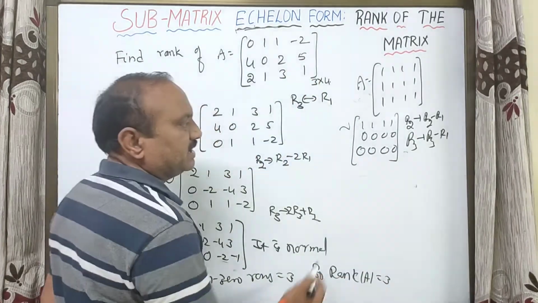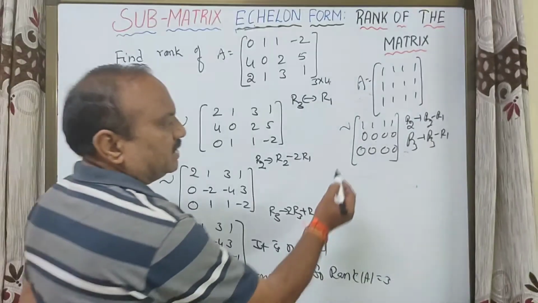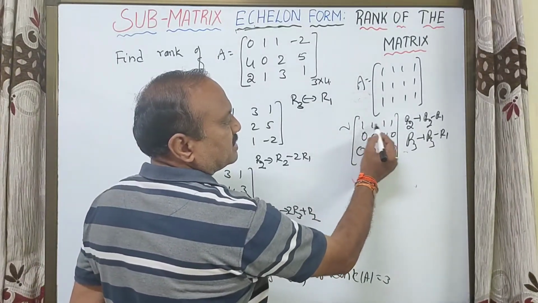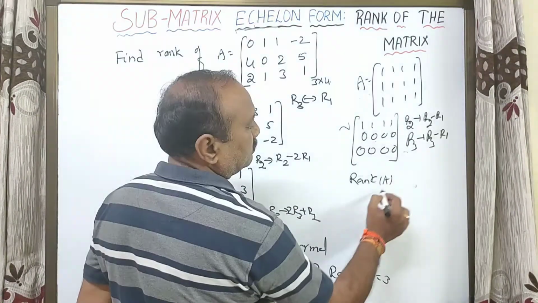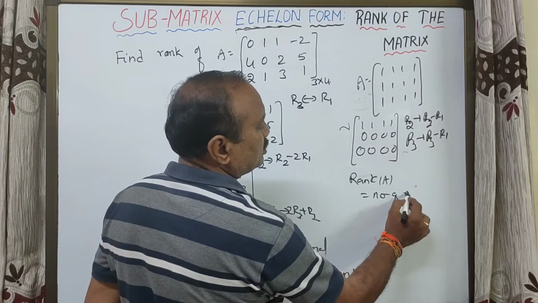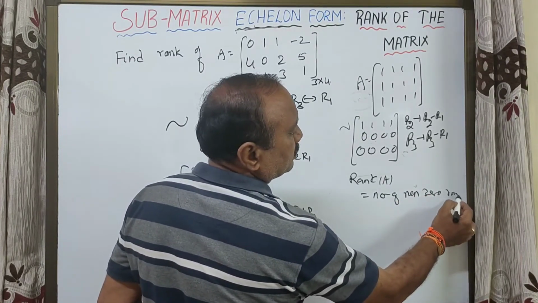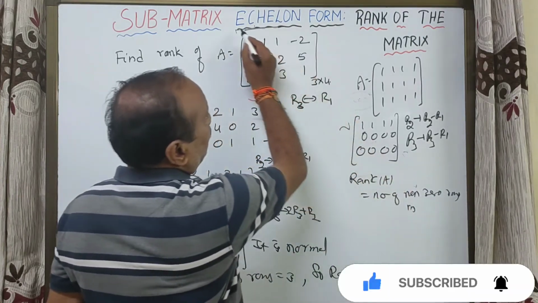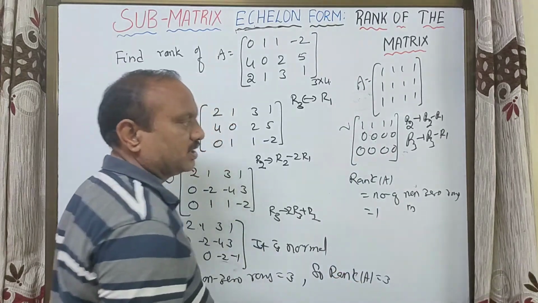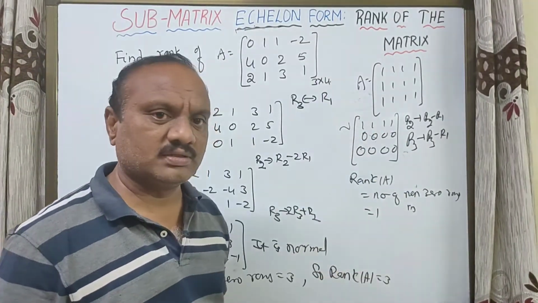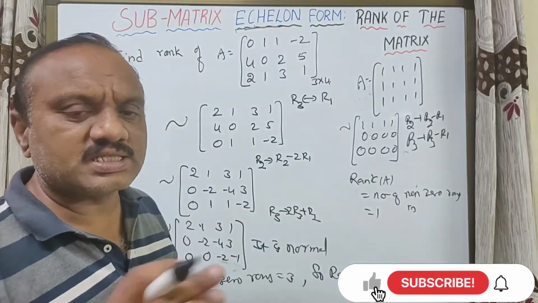It is also an echelon form of A. It is a 0 row, a 0 row, and this is a non-zero row. So rank of A equals the number of non-zero rows in echelon form. Here the number of non-zero rows is 1. Rank of A is 1. Like this we can find it.